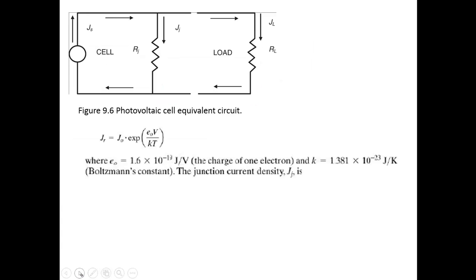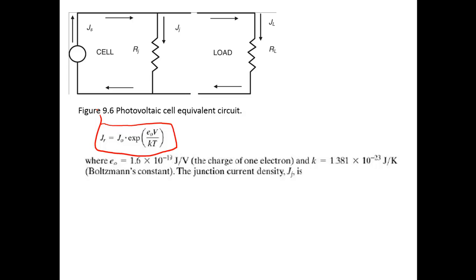Figure 9.6 shows the equivalent of a photovoltaic cell circuit. The current density going from the n-type to the p-type conductor can be given by the equation that I just circled, where e is the charge of one electron, and k is Boltzmann's constant.